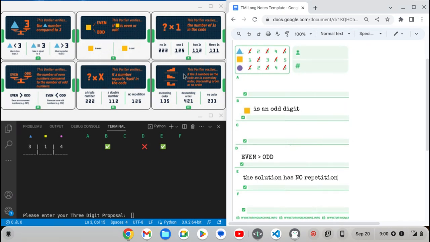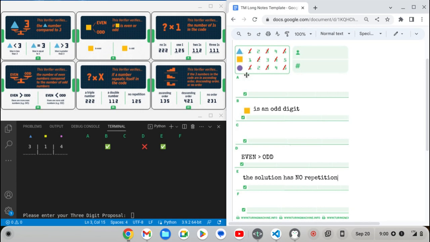Could we say that it can't be ascending? Because then we would know that 2 would be triangle and, at least at this point with what we've crossed out, 4 for circle, and likewise vice versa if it was descending.